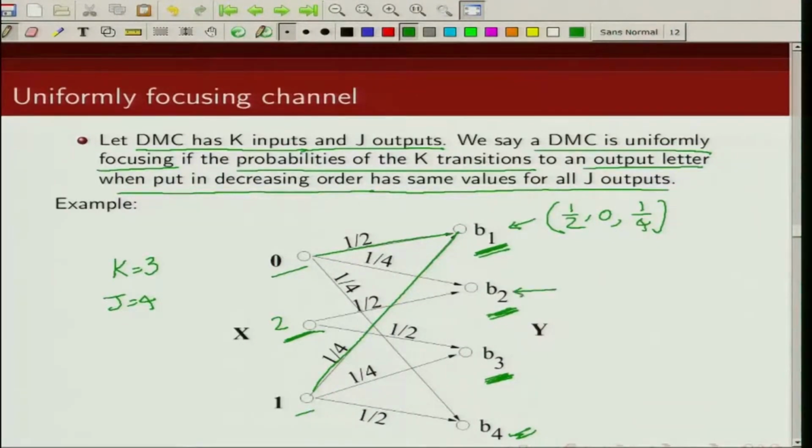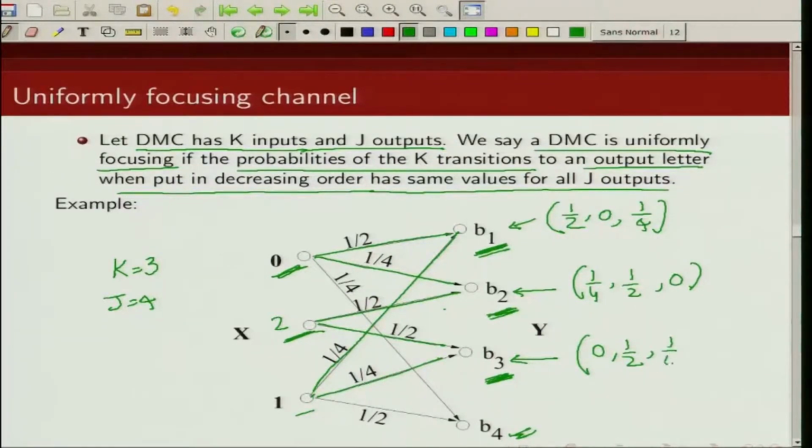Look at this particular output. Transition from input 0 has probability 1 by 4, transition from here has probability half, and transition from here is 0. There is no transition. Similarly for B3, there is no transition from input 0. From this input the transition probability is half and from this input it is 1 by 4.